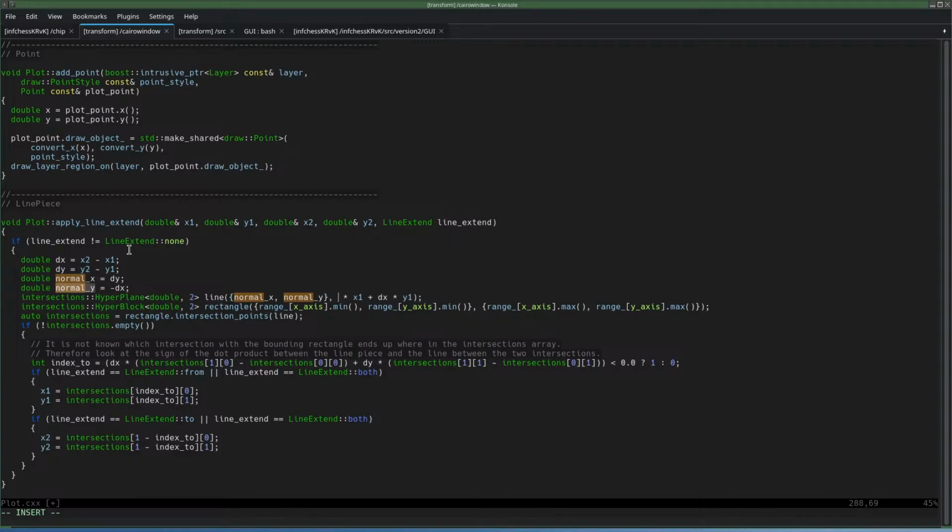And then here I'm just going to do normal x times x1 plus normal y times y1. That is the dot product between the normal and the point x1, y1, which is in the plane. And then put parentheses around everything and put a minus in front of it. As per the documentation, minus the dot product of the normal and some point in the plane.